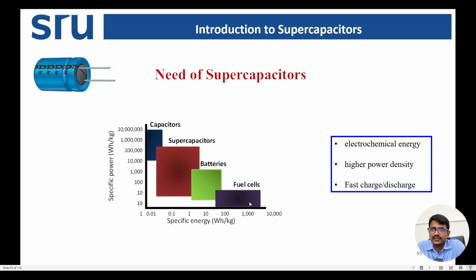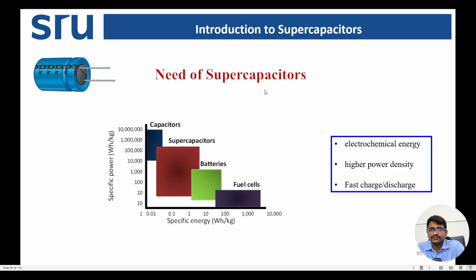Okay, then fuel cells. So electrochemical, it is in the form of electrochemical energy, and supercapacitors provide higher power density, and supercapacitors provide fast charge and discharge nature. Okay, so these are the three things.